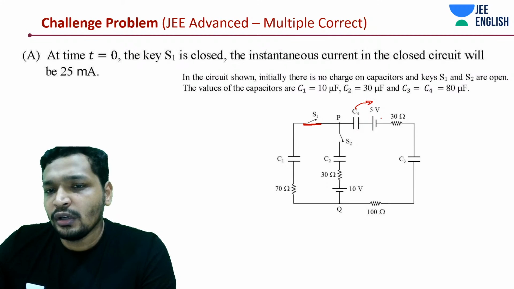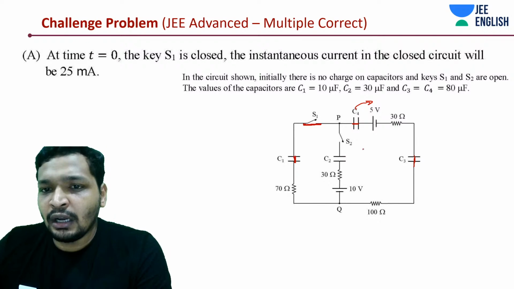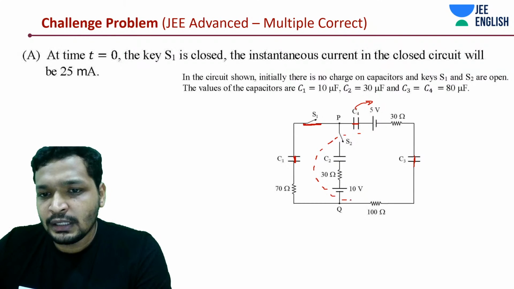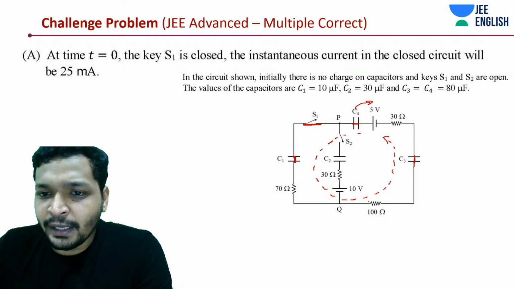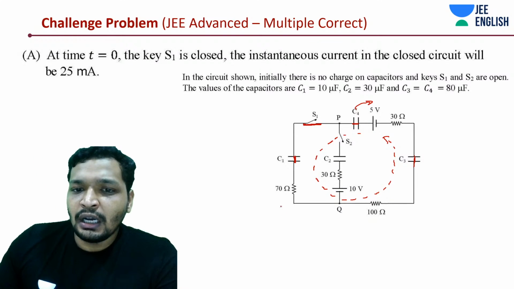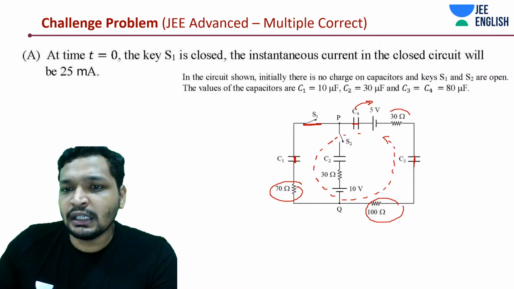Capacitor short circuited. And what is the voltage? 5 volts, current will flow in this direction. Basically it's going to be 5 volts divided by total resistances, which is 70 ohms plus 100 ohms plus 30 ohms.